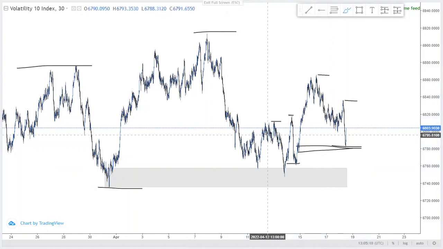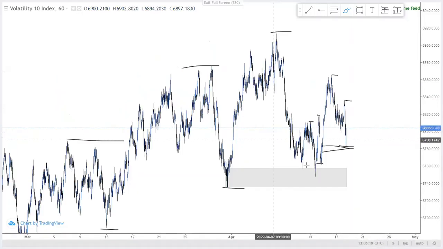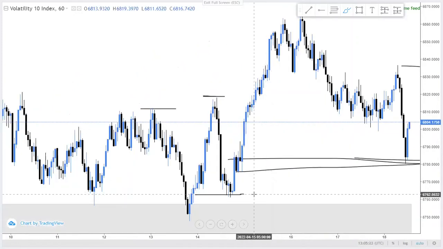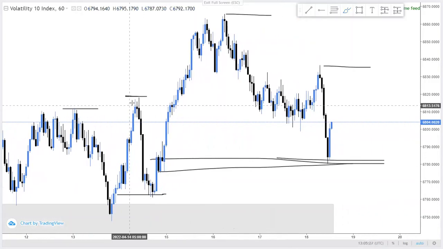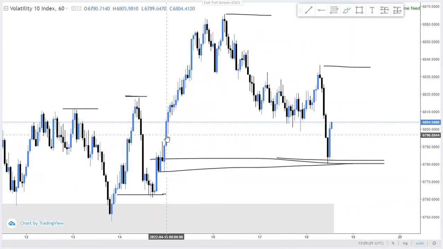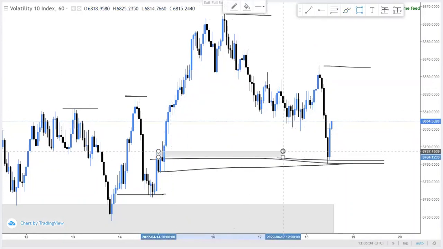So let's zoom into the structure to see exactly where the order block is, how it was mitigated. So clear. We had this high, like I said, and price tapped into the order block here.